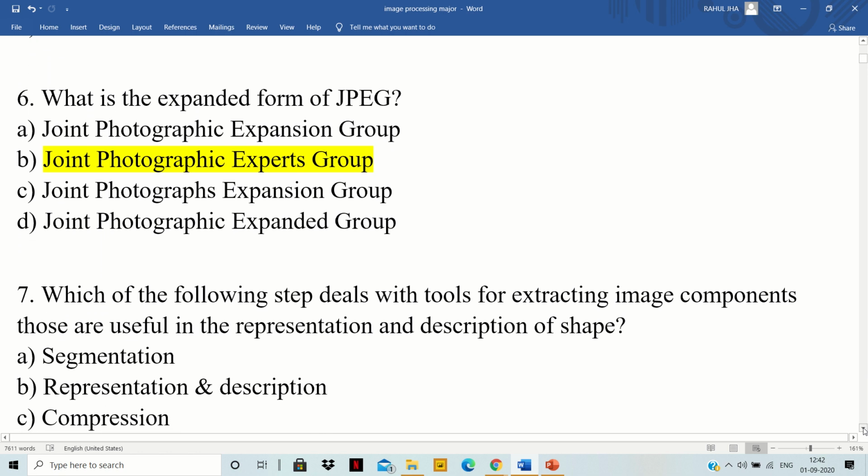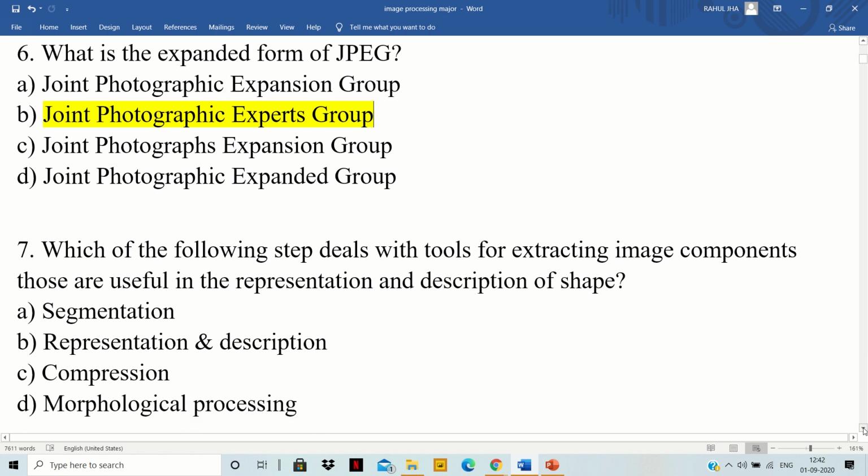Which of the following steps deals with tools for extracting image components that are useful in the representation and description of shapes? Which step is going to help you extract image components that are useful in the representation and description of shape? Just read the question carefully.